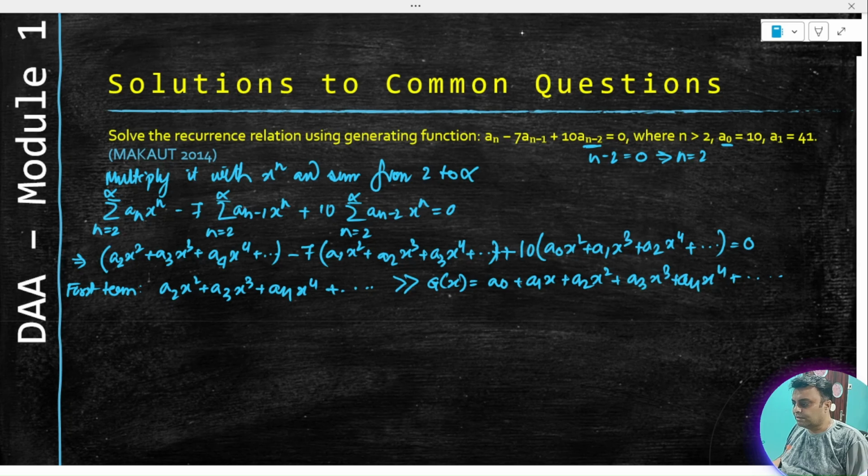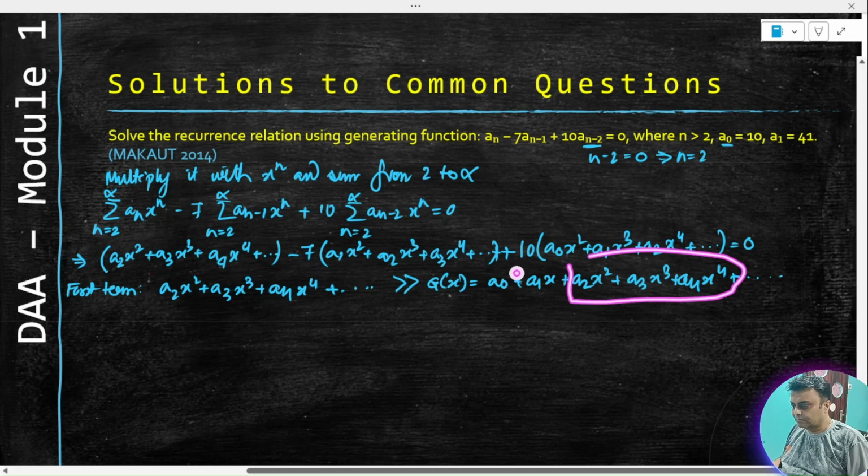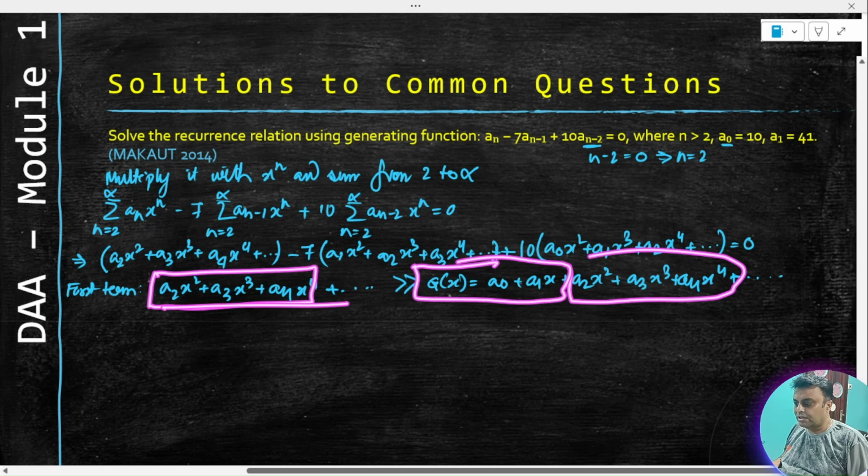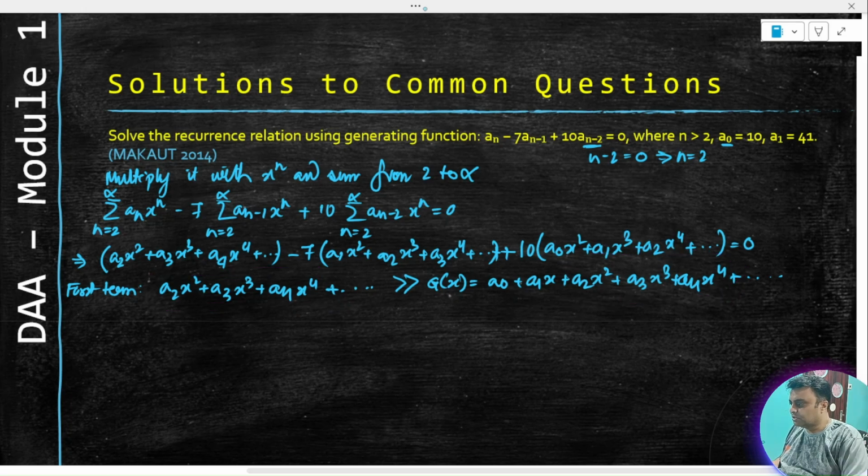So as you can see, this term is exactly the same from here. So can I write this term as gx minus a0 minus a1x? I can write this. Now you are understanding this. So instead of writing those steps again, I can directly say that my first term is equal to gx minus a0 minus a1x, right?